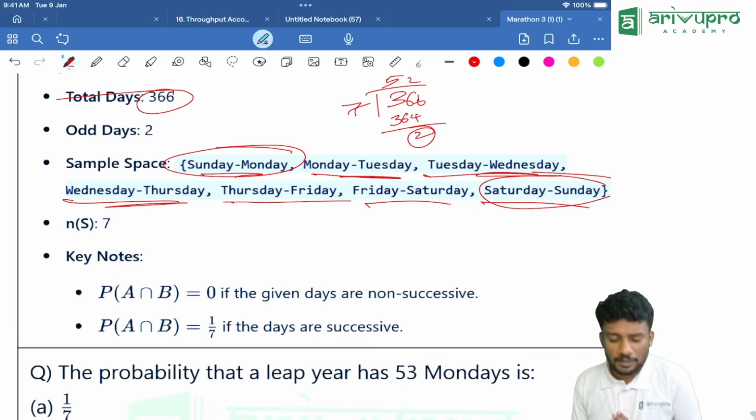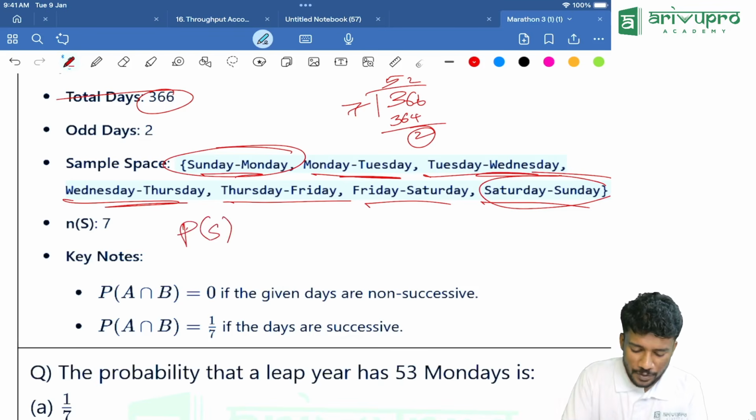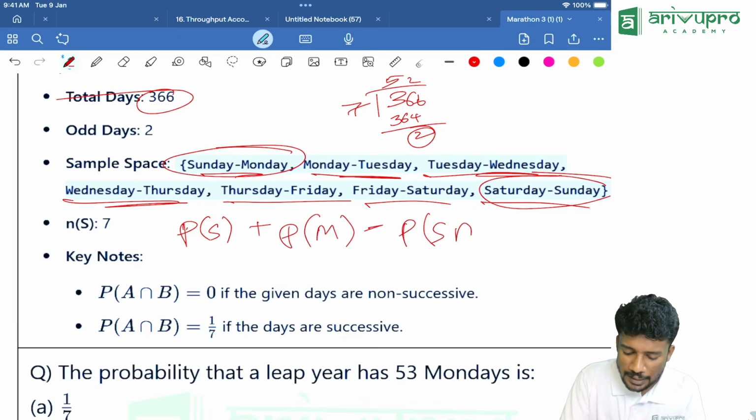Now I'll make the question interesting. What is the probability of getting 53 Sundays or 53 Mondays in a leap year? So probability of Sunday plus probability of Monday minus probability of Sunday intersection Monday. Probability of Sunday in a leap year is 2 by 7.